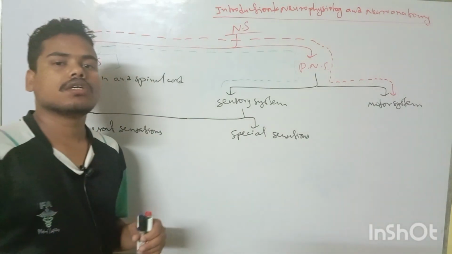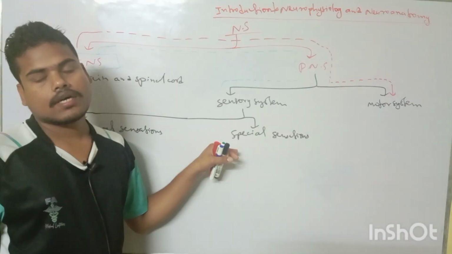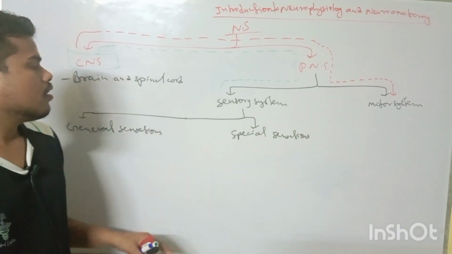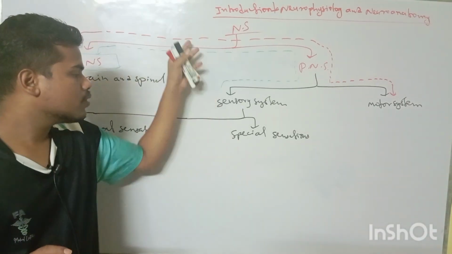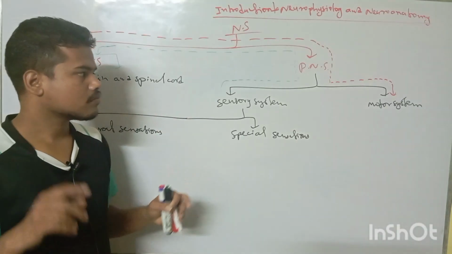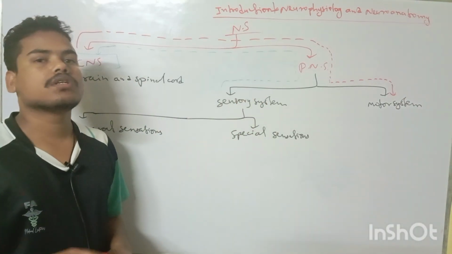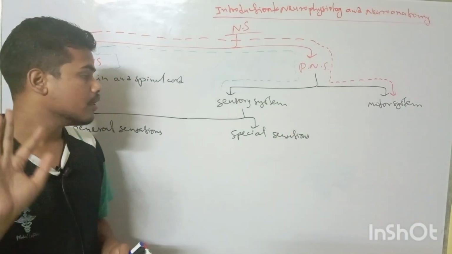first and foremost, I have also talked about this in the cranial nerve nuclei, so you can watch from there too. First and foremost, according to the previous classification that I mentioned, the somatic nervous system or the sensory system includes 12 pairs of cranial nerves and 31 pairs of spinal nerves.